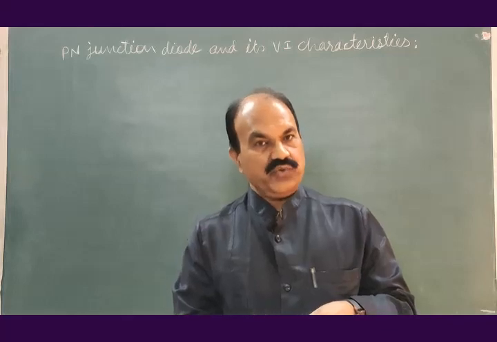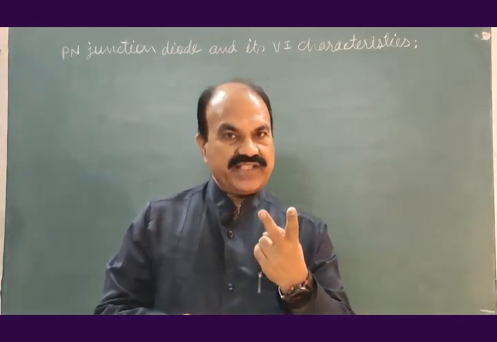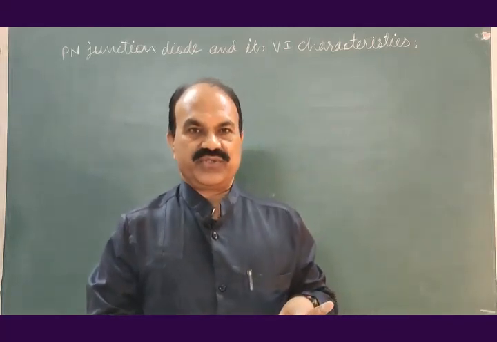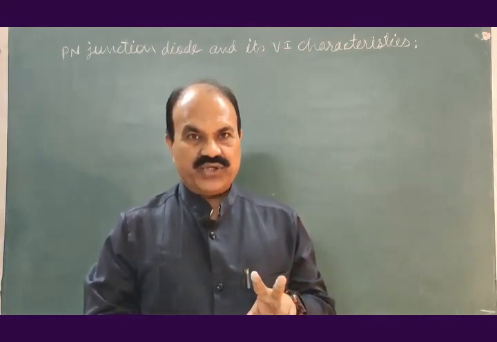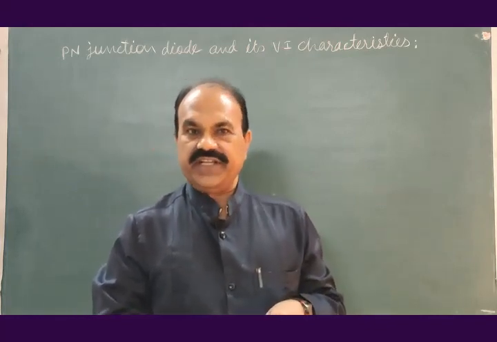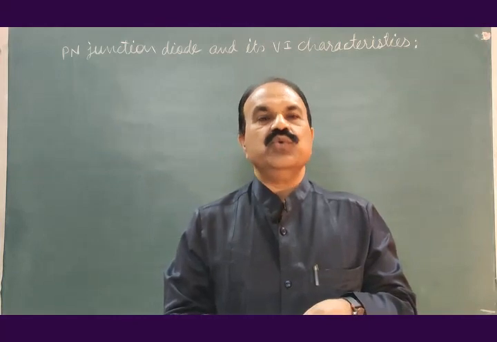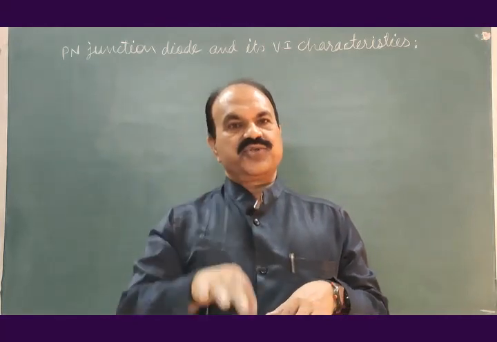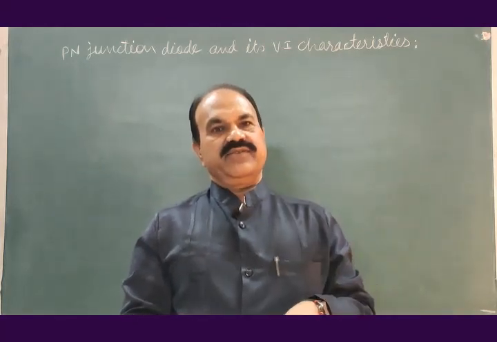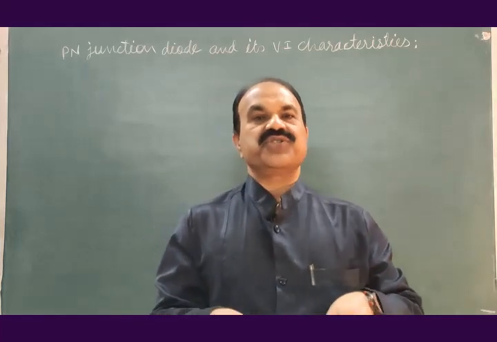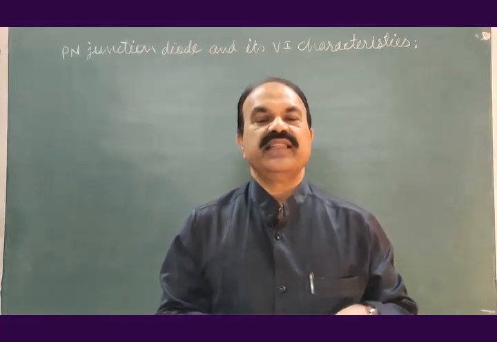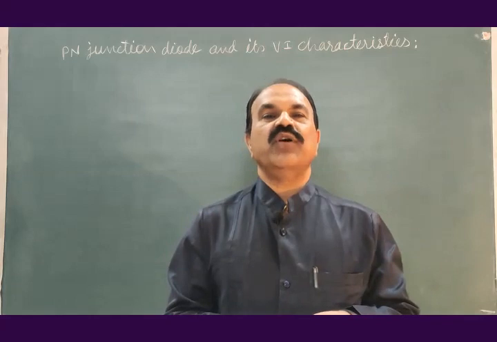Diode is the device corresponding to two electrodes. One is positive electrode, other is negative electrode. And because of this positive and negative electrodes, there are chances of a flow of current.